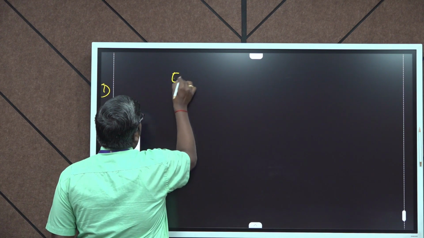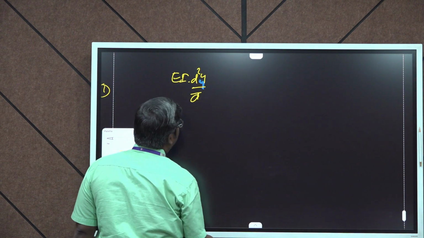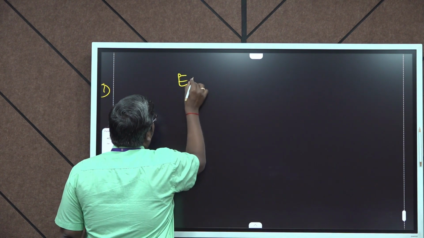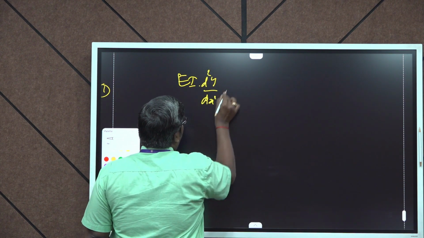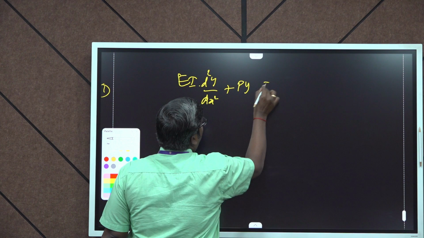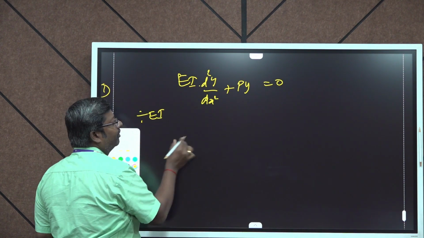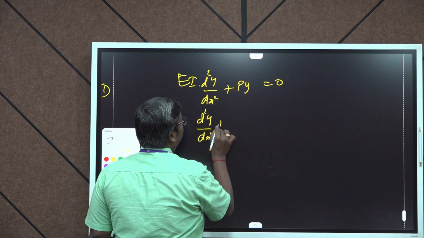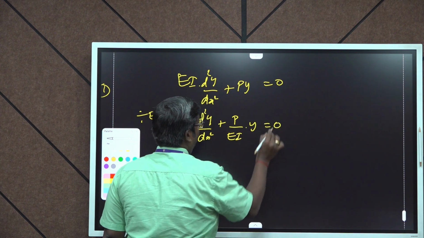Now we have E I into d square y by dx square plus P y equal to 0. Dividing by E I on both sides, we will get d square y by dx square plus P by E I into y equal to 0.